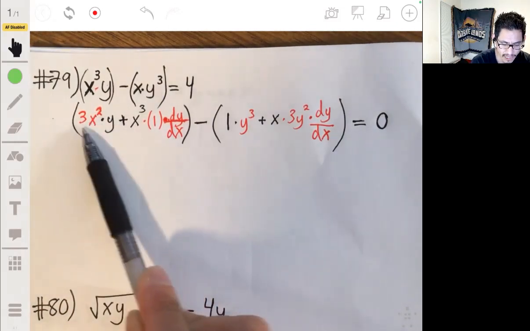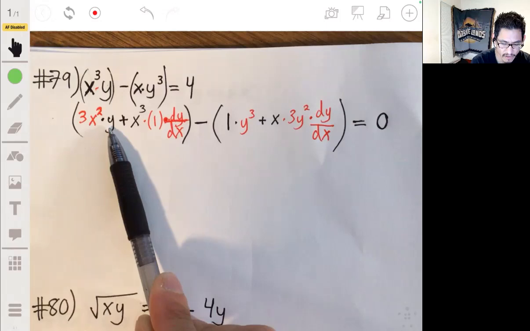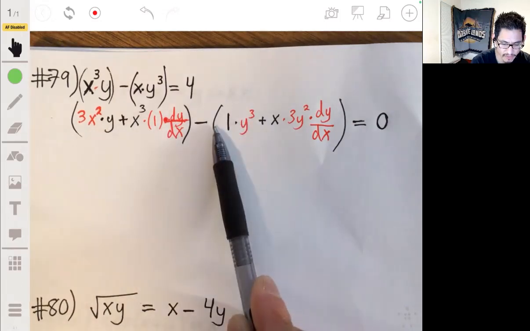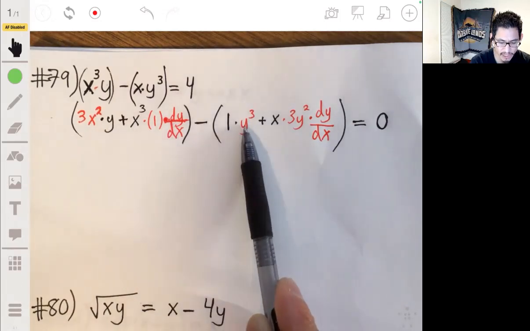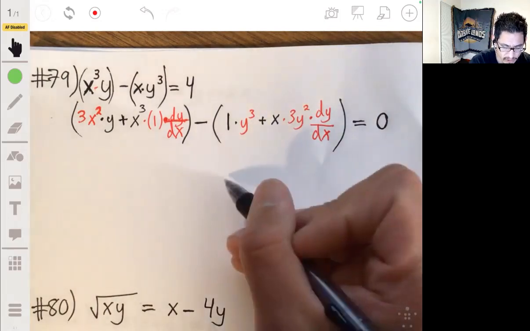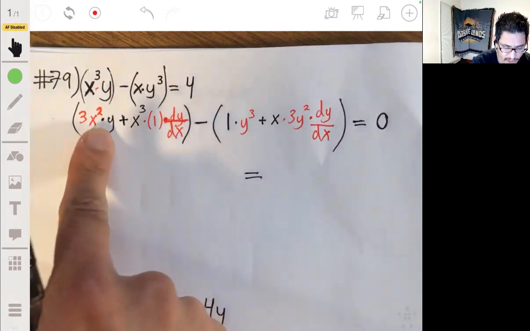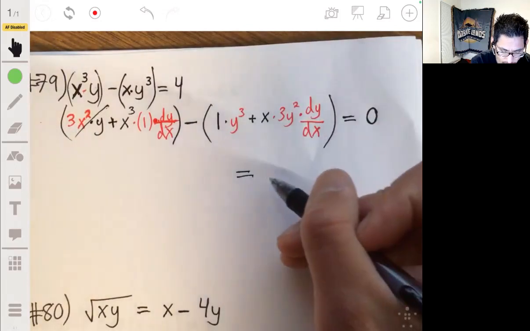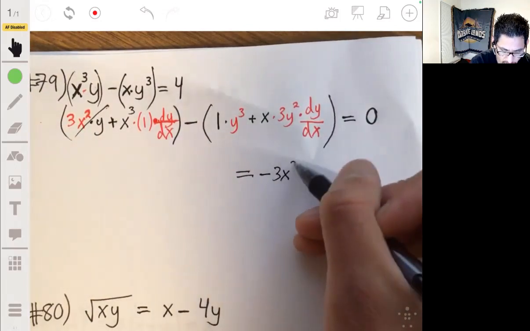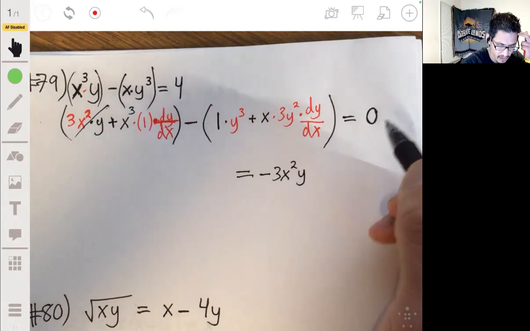Now let's go ahead, let's subtract this 3x squared y, and then add the 4, and add the y cubed from both sides. So let's make the equal sign here. Subtracting this, we'll get negative 3x squared y on the right.